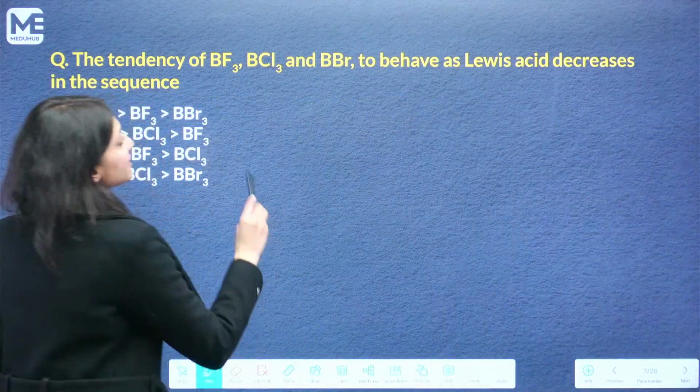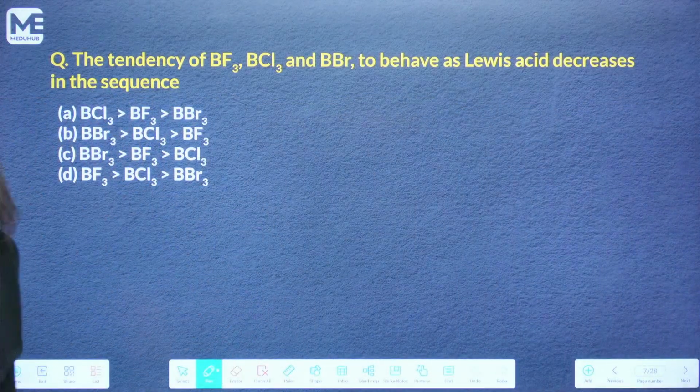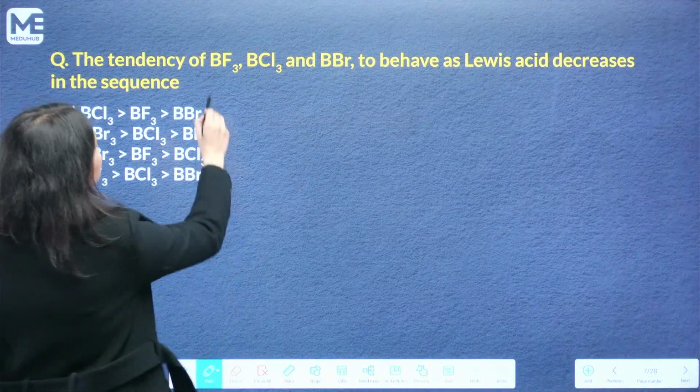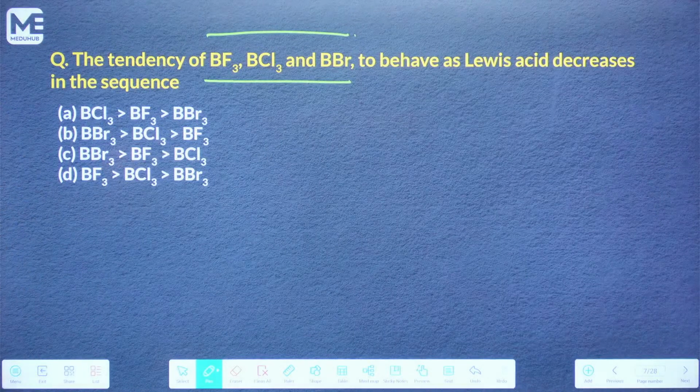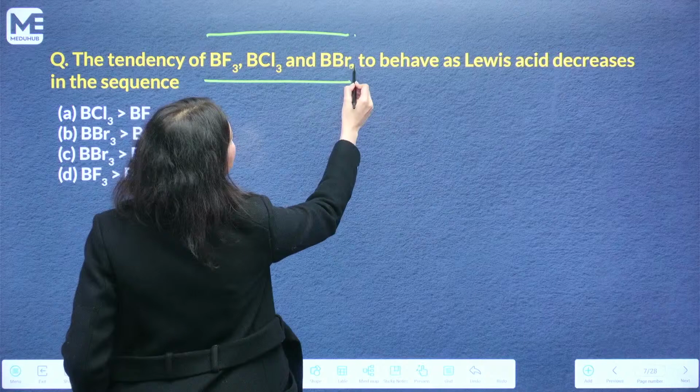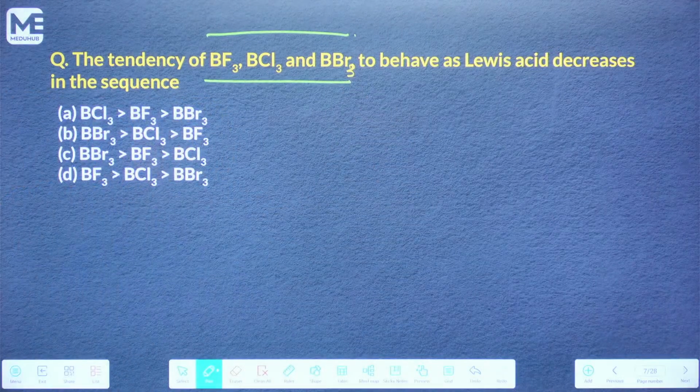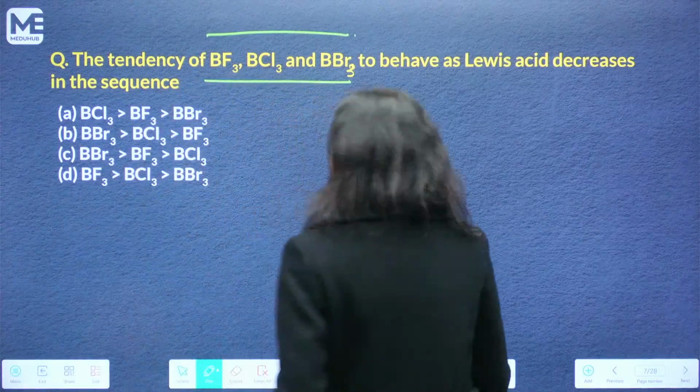Now this is interesting. This is a concept which I did not discuss in class deliberately, so we'll do so now. The tendency of BF3, BCl3 and BBr3 to behave as Lewis acids decreases in the sequence. Now what is happening here?